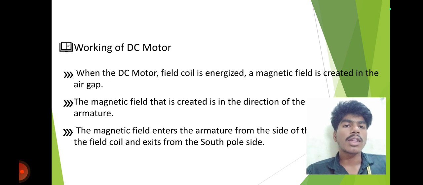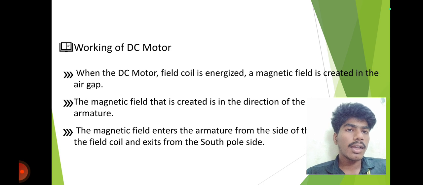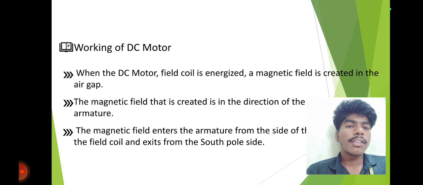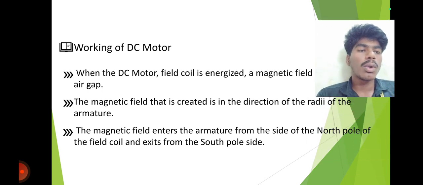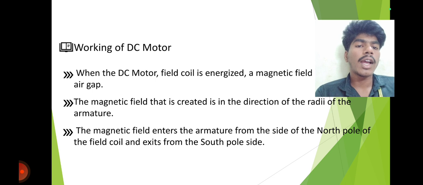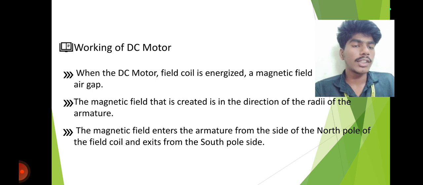Working of a DC motor. When the DC motor field coil is energized, a magnetic field is created in the air gap. The magnetic field that is created is in the direction of the armature. The magnetic field enters the armature from the north pole of the field coil and exits from the south pole side.